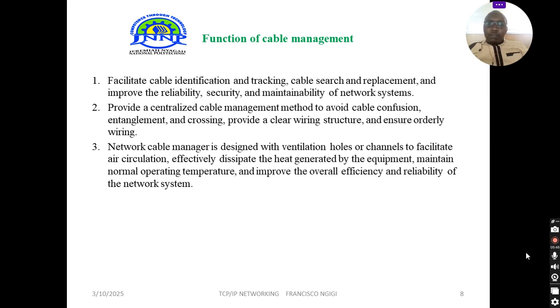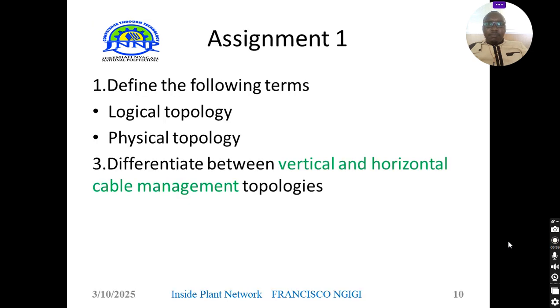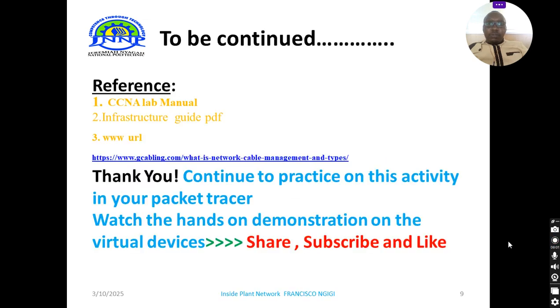We have also checked on the cable management types, the vertical and the horizontal, and the functions. So the references are shown. So going forward, we will be intentional to now start implementing the physical topology.